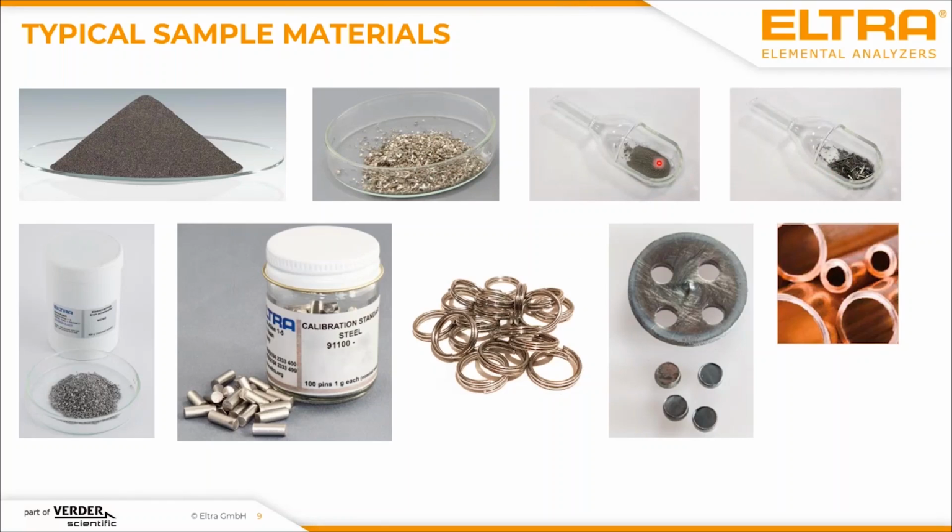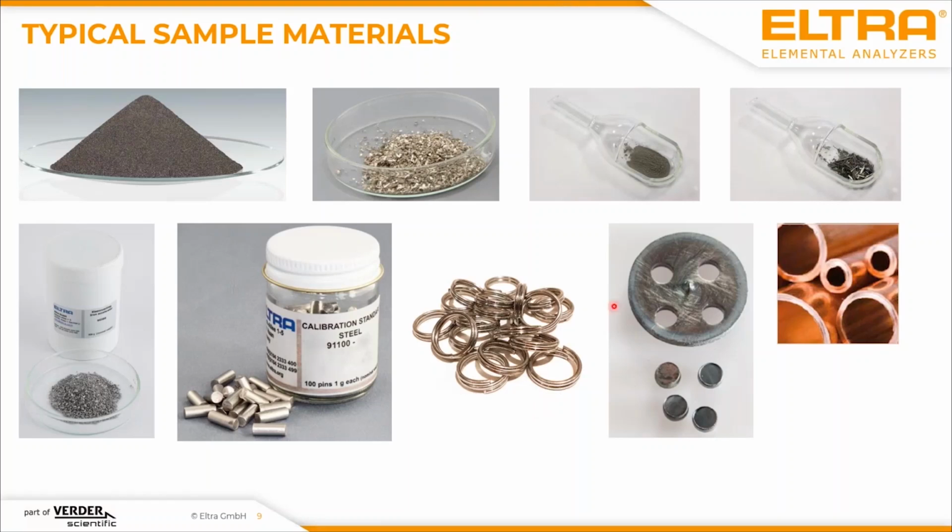Here we have some grains of different sizes, fine or grosser. We have raw iron here, and for calibration, we use pins like this one, or some drillings or rings. All of that is possible to be used to calibrate the machine and to be analyzed with the CS analyzers of Ultra.